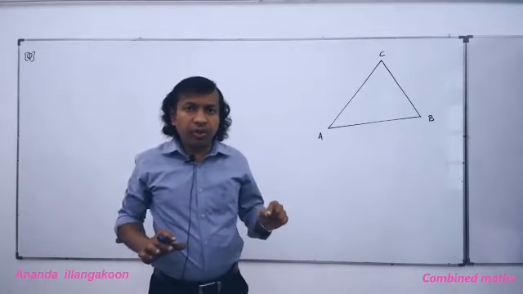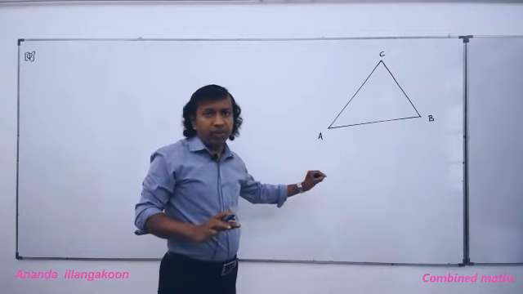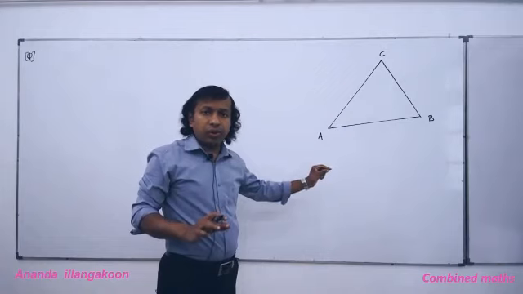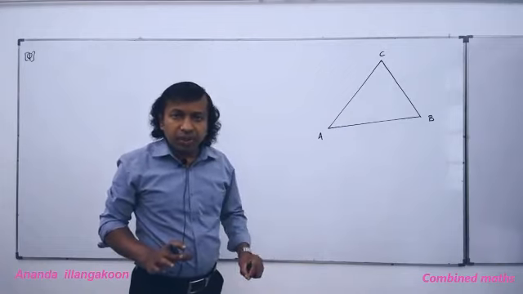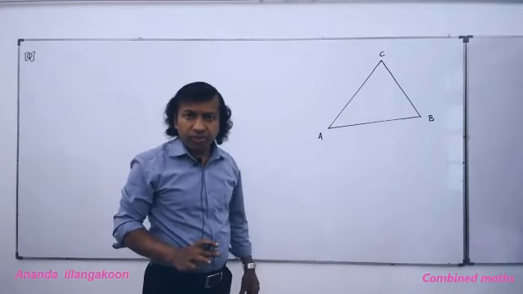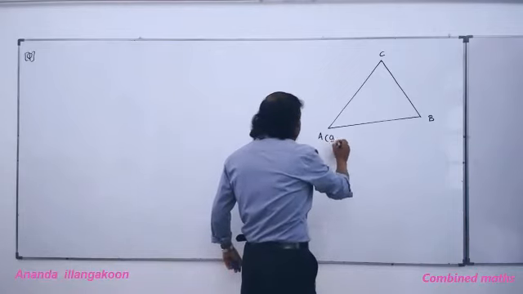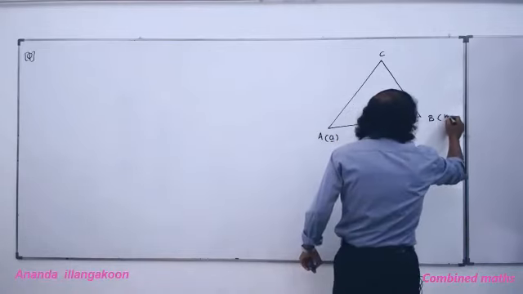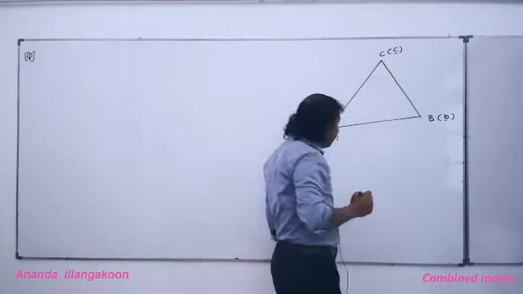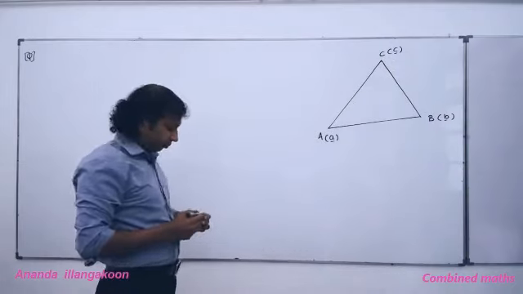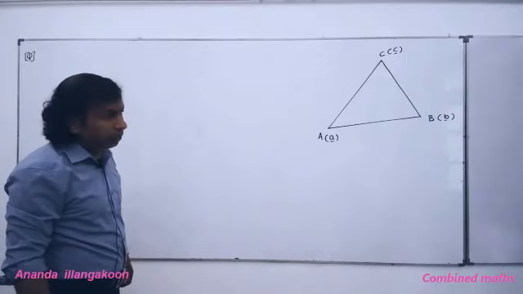I'm not going to show that vector origin O anyway. Somewhere on the board we have the vector origin O. Related to that origin, let us take the position vectors of the points A, B, C as a, b, and c. Understand? So then I mark that here: this is A, this is B, this is C. First draw the diagram, people.